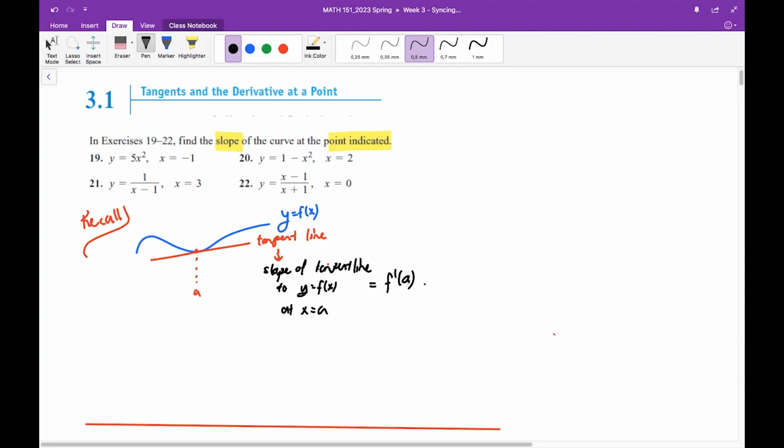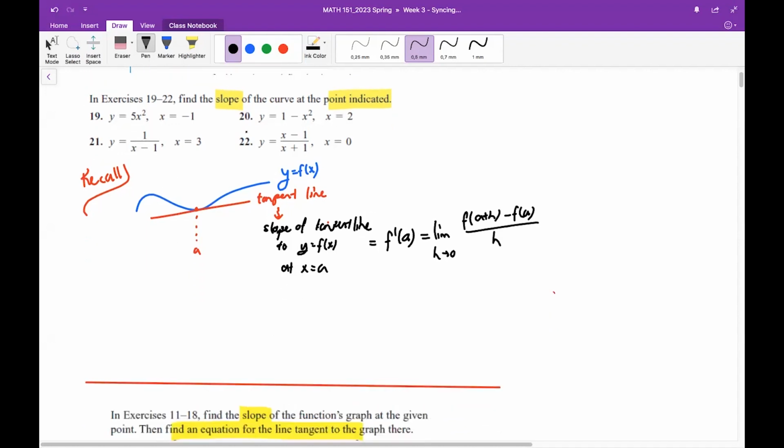It gives us the slope of the tangent line, and we will define the first derivative by a limit here. Limit as h goes to 0, f of a plus h minus f of a, divided by h, right? This is the limit definition of the first derivative. Okay, we will be using this idea to compute the slope in the first exercise.